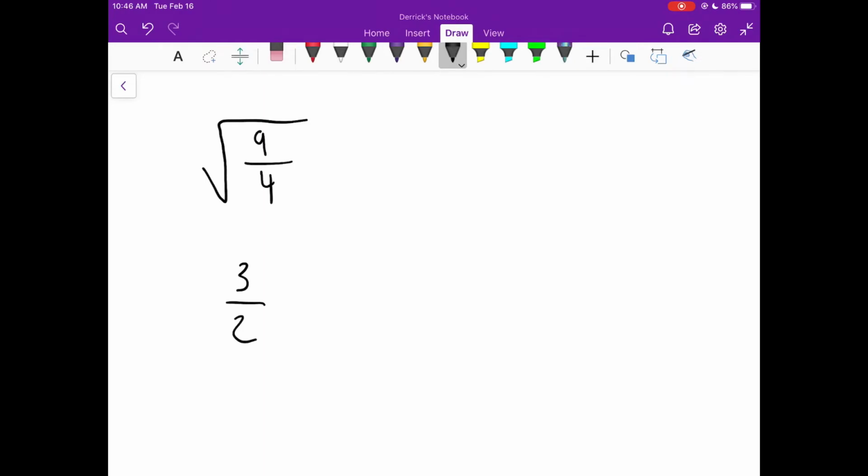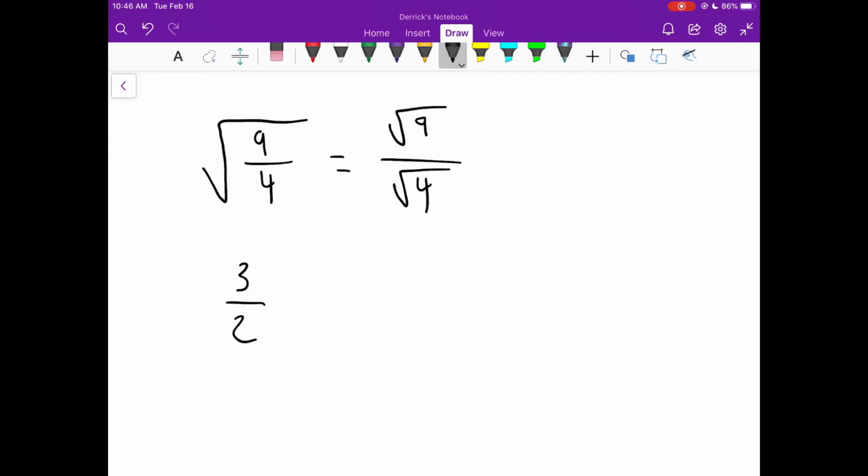But let's say, for argument's sake, that you don't have a calculator on hand, and you don't know the square root of 9/4 off the top of your head because fractions aren't your favorite thing. Well, the great thing about the quotient property is that instead of trying to figure out what the square root of a fraction is or what the square root of a decimal is, just look at this problem as the square root of 9 divided by the square root of 4.